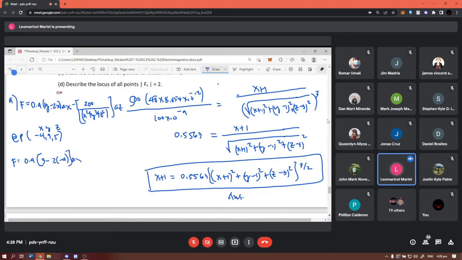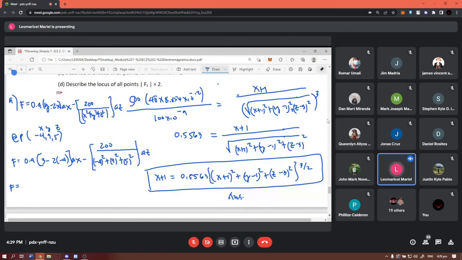Okay. ax minus quantity 200 divide negative 4 squared plus 3 squared plus 5 squared. Then az. So what is your value of your F?